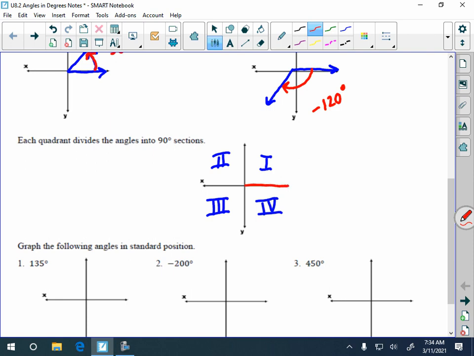And so let's say the initial side and terminal side were directly on top of each other. Okay, so they're right on top of each other. So this is going to produce a 0-degree angle. And then as we rotate in the counterclockwise direction, okay, now we'll be at 90 degrees up here. And then we keep rotating.